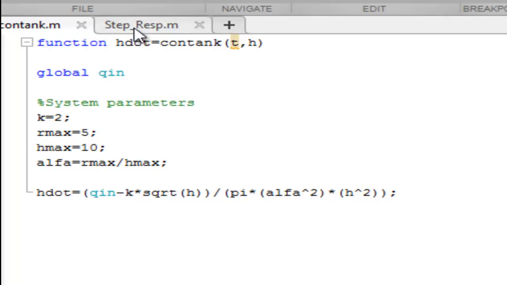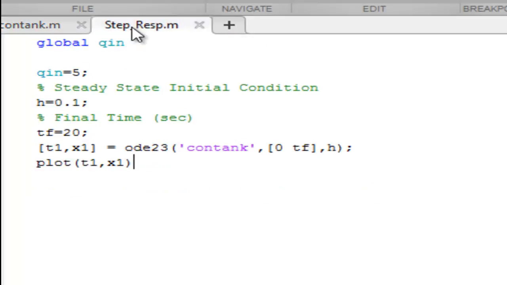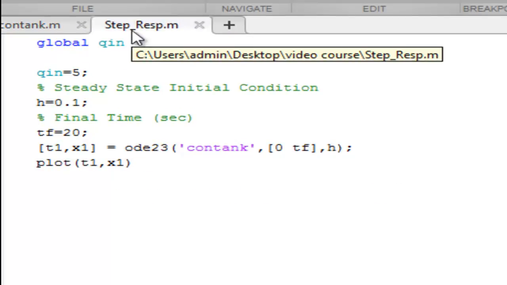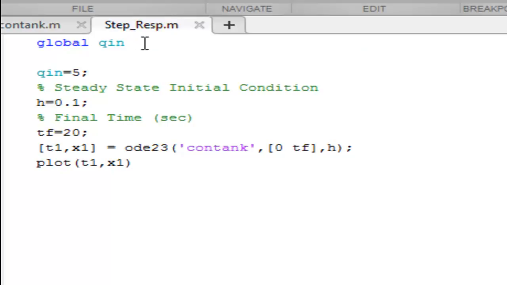To give the input for this system, I have separately written a function step response. Again, here also we are declaring this qin globally because we are going to pass this input to the system model globally. As per the problem statement, qin is 5. For the initial condition, we are assuming there is some liquid present in the system before giving the input, so it is 0.1.